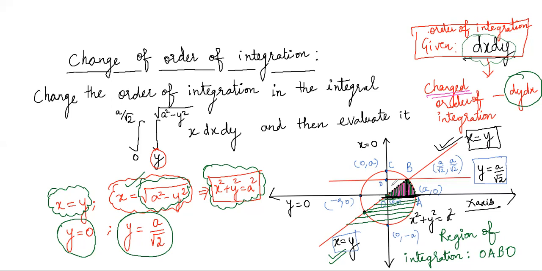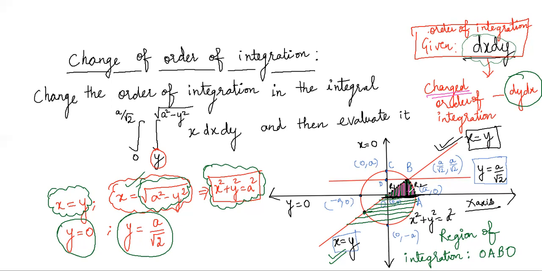If I say this one is R1 and this one is R2, then in R1 the first strip is at the origin and the last strip is this one, which is in black color. So in this region R1, x is varying from 0, at the origin x is 0.